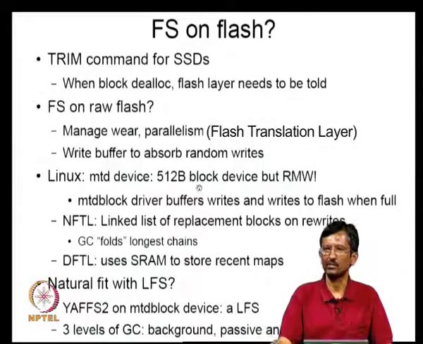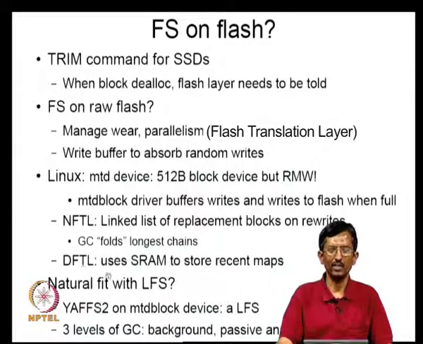It can be close to gigabytes. So that's why most people keep it in the flash itself. That's why you have to go through the linked list of replacement blocks to be able to do garbage collection. You actually have to go through all those things.